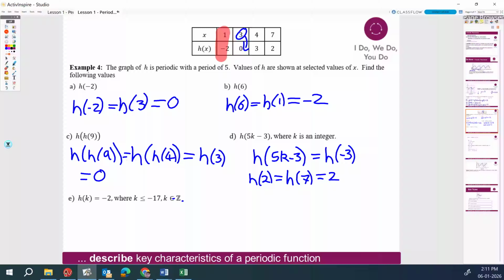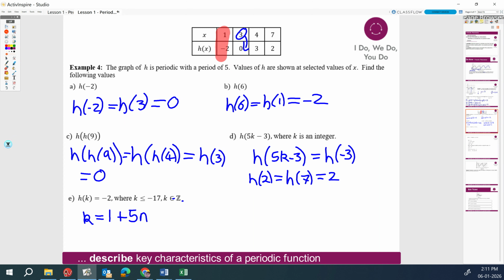No, not necessarily. The only thing that we can put into the function to get out -2 will be that k has to equal 1 plus multiples of n.